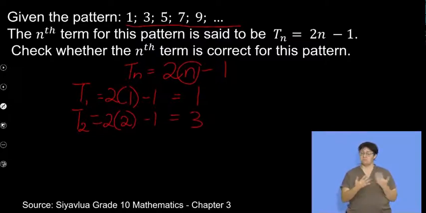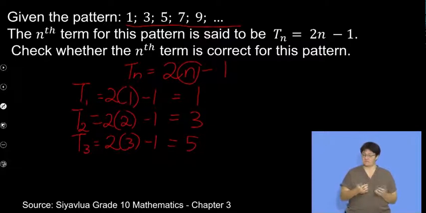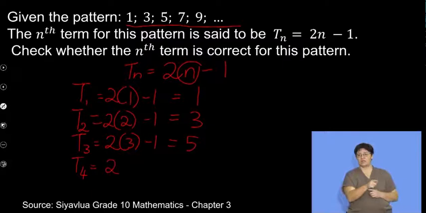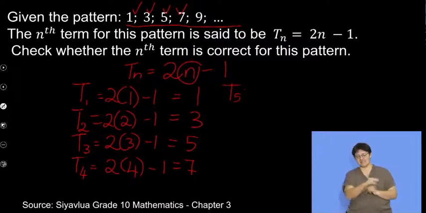Then if I'm checking the third term, I'm going to have 2 times 3 minus 1, which gives me 5. Then if I'm looking at term 4, I'm substituting in 4 for n, so I'm going to have 2 times 4 minus 1, which gives me 7. So far I can see that 1, 3, 5, and 7 are correct. Last but not least, I'm going to see if term 5 is correct.